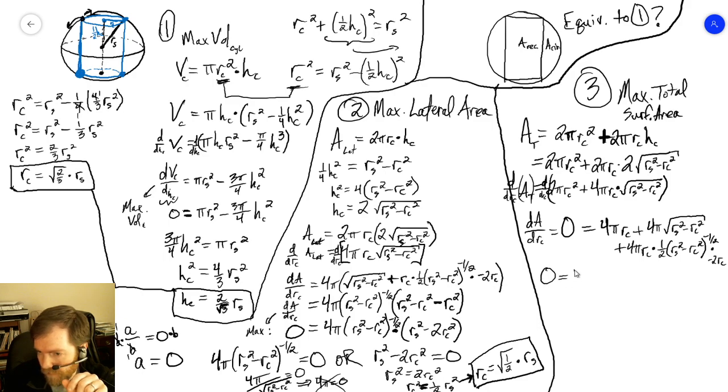So 0 equals 4 pi rc. Oh, this one's going to be more complicated. That's alright.